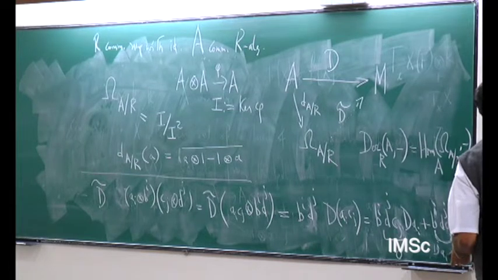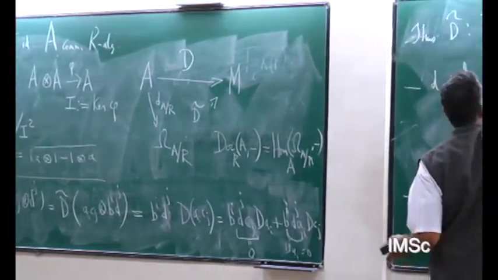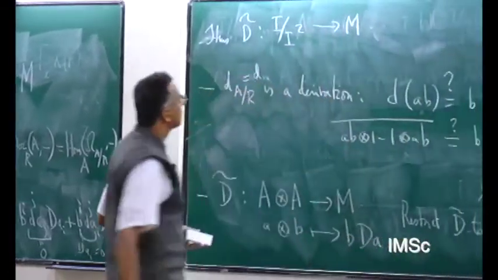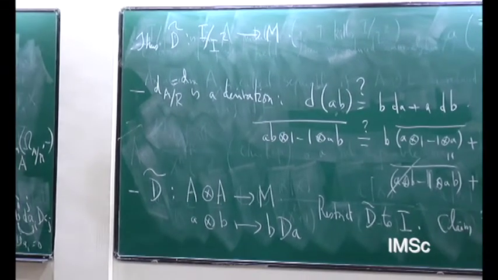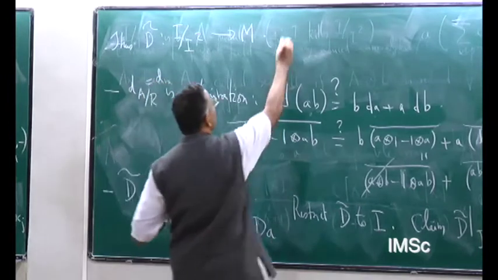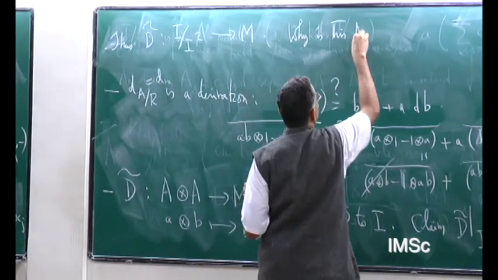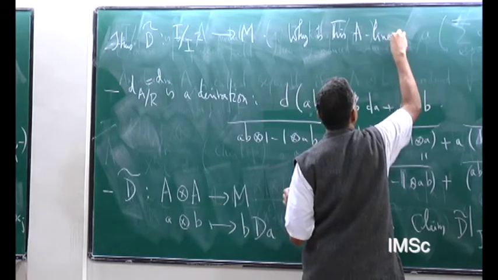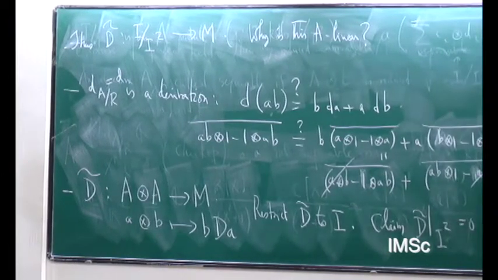Thus d tilde, okay, why is this A linear? Right, I have to check that.